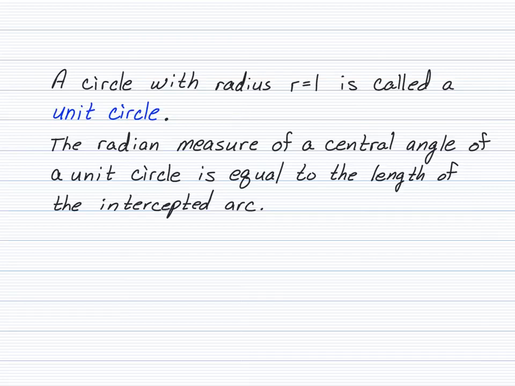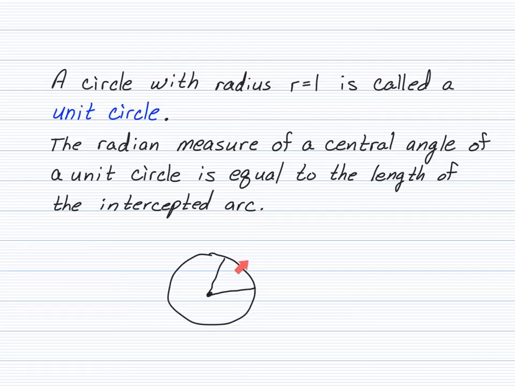So if you remember your properties from geometry, when you have a circle and you have a central angle, which means the vertex of your angle is at the center of the circle, the measure of this angle is equal to the measure of this arc.